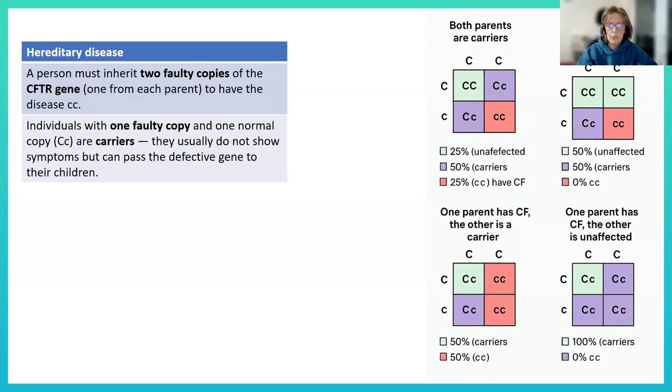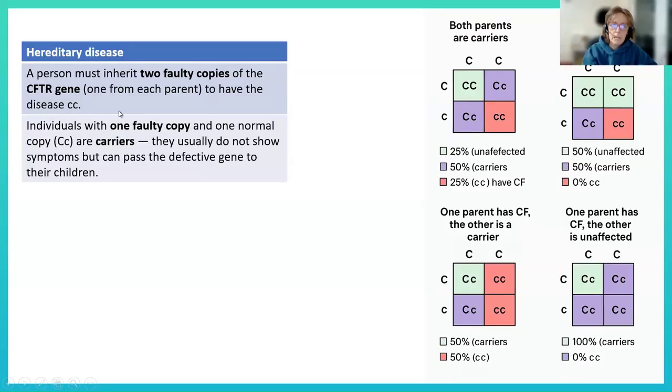Here's an example of one that we've already looked at. It's cystic fibrosis. The actual gene is named the CFTR gene, and you must inherit 2 faulty copies of the cystic fibrosis gene, one from each parent, to have the disease.